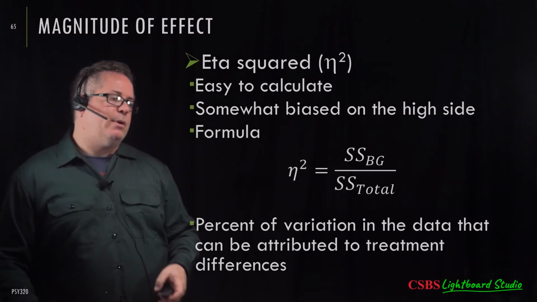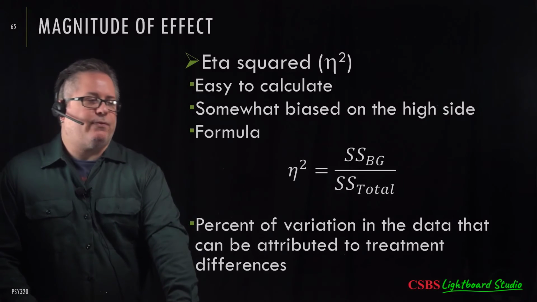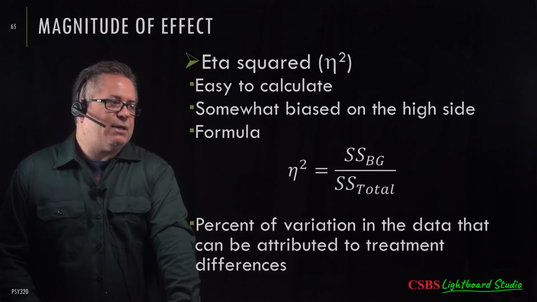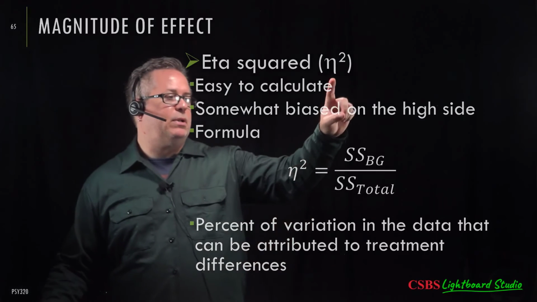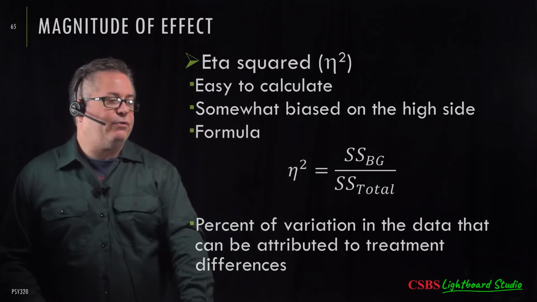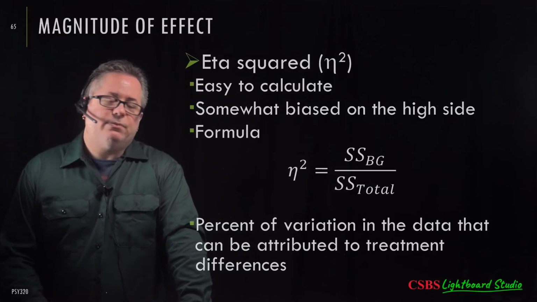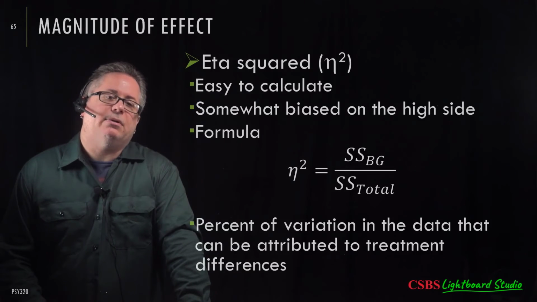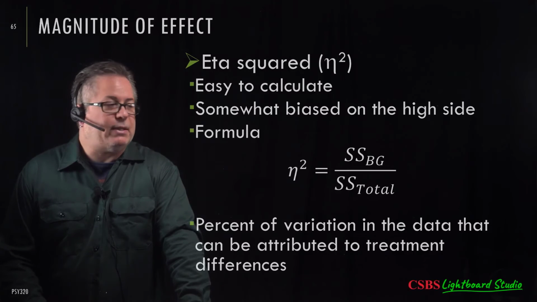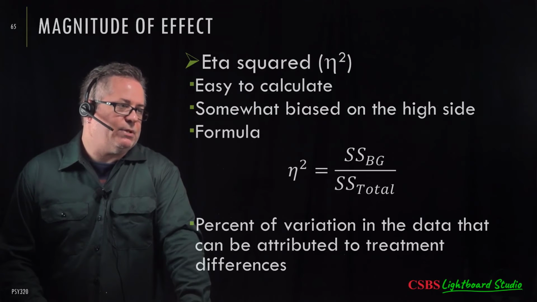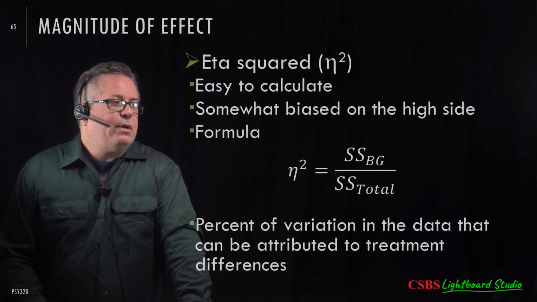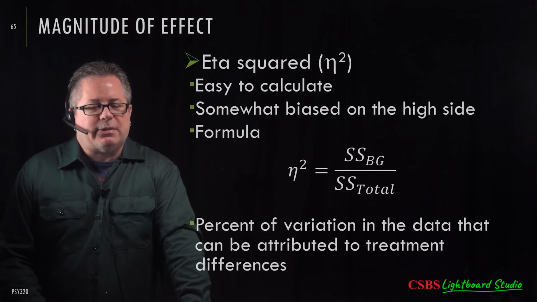I'm going to give you two different versions. One of them is called eta squared. That's the Greek letter eta there. Eta squared is super easy to calculate. It's easy to interpret. People like it because it has a very easy interpretation. It's somewhat biased on the high side. What does that mean?